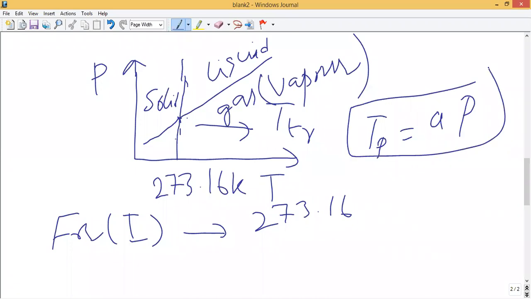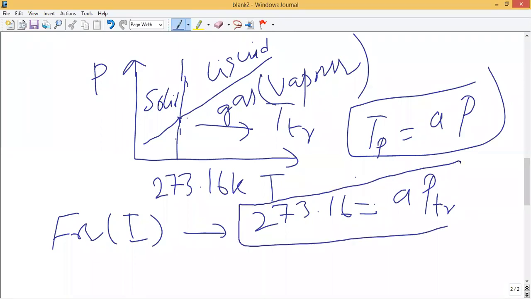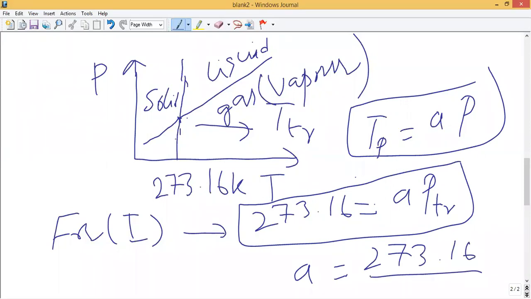So at the triple point the temperature is 273.16. So we can write it equal to A times P at the triple point. So the value of the constant A is 273.16 divided by P triple.